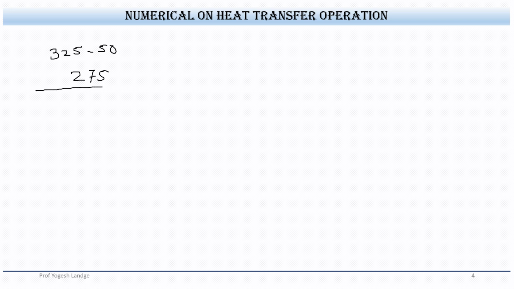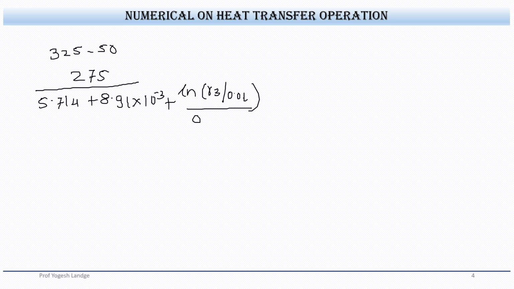Upon, after the calculation of all this, we got the value 5.714 plus a negligible value 8.91 into 10 raised to the power minus 3, plus ln of R3 by 0.01, divided by 0.045.